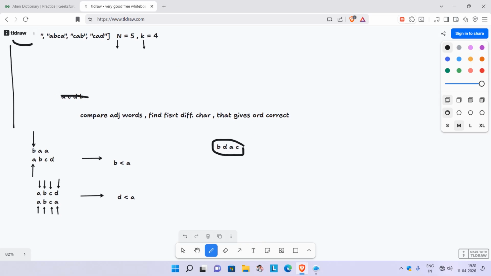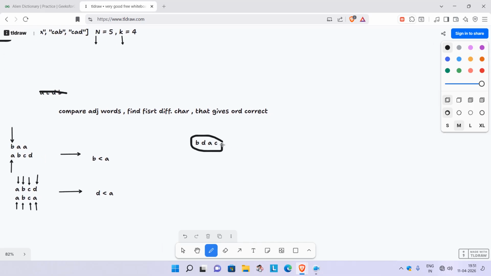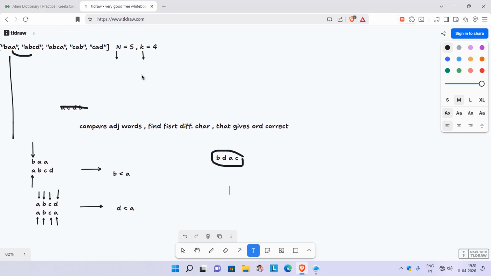So what is the approach we have to follow here, how do we do this? See, I'm writing some things here. First of all, I have to compare adjacent strings or adjacent words, so that it gives me the relation between the characters.